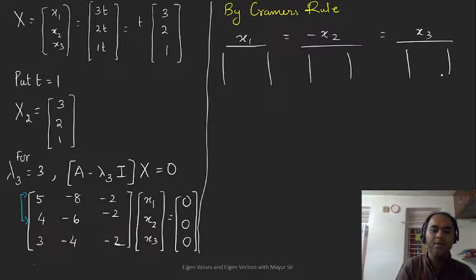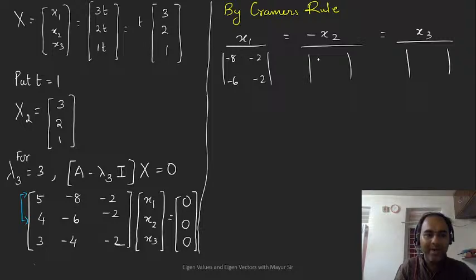Now what are those? First two rows we have chosen. Hide the first column for x1. So when you hide that, minus 8, minus 6, minus 2, minus 2.